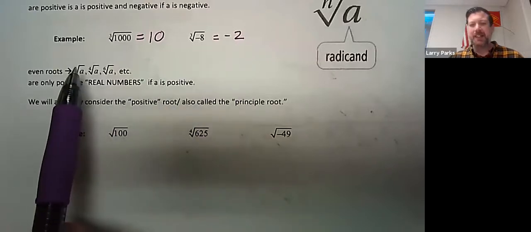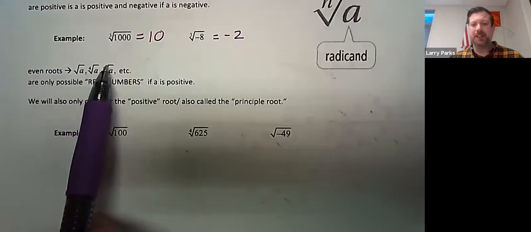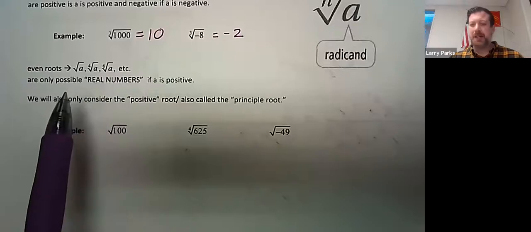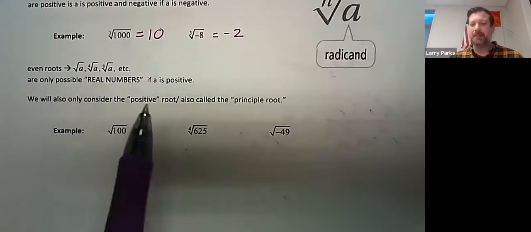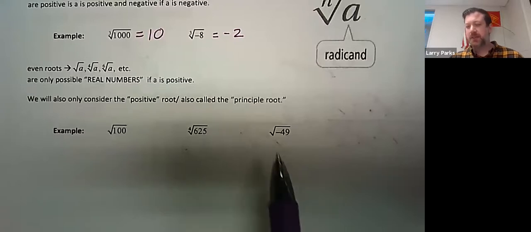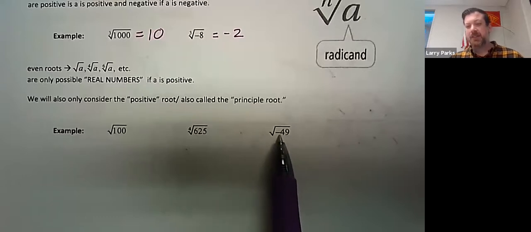Now, if you have anything to an even index, like 2, 4, 6, the number inside the radicand must be positive. If it's not positive, then we say no solution. For example, square root of negative 49, you type that in, and it'll say error.